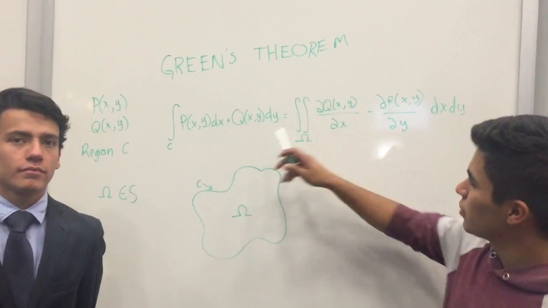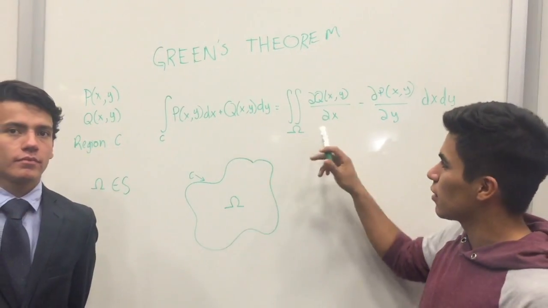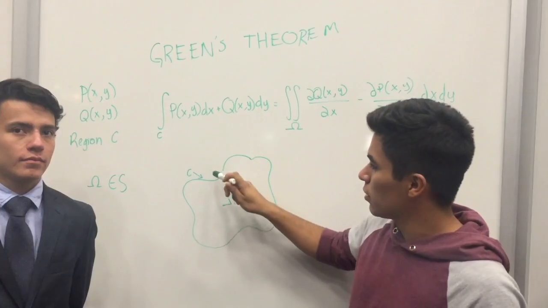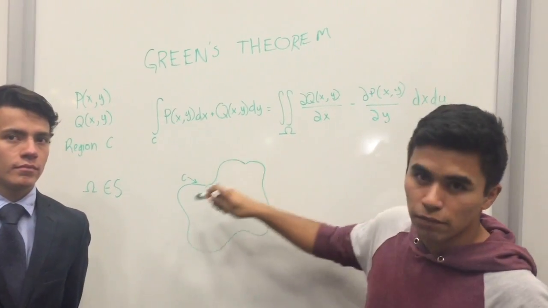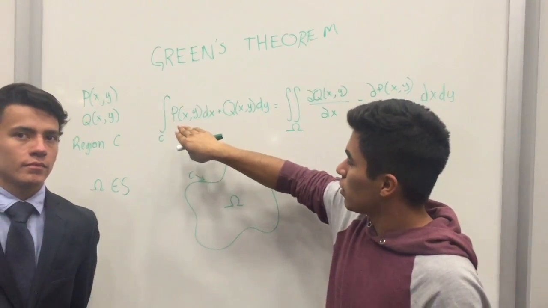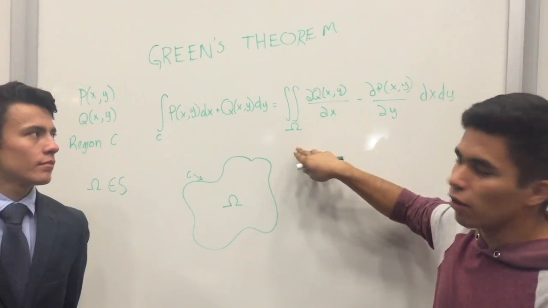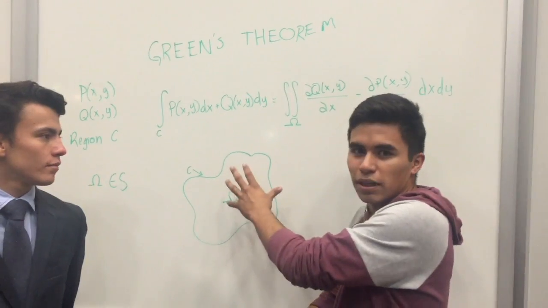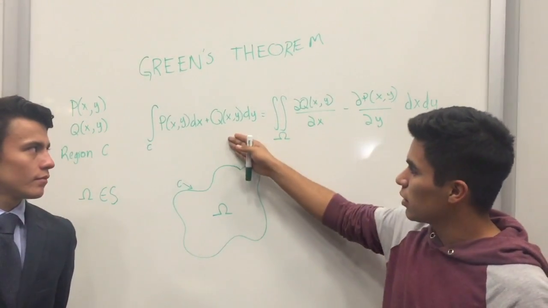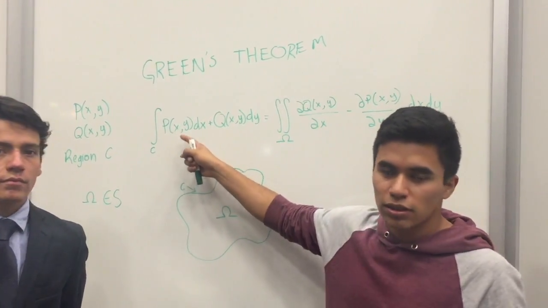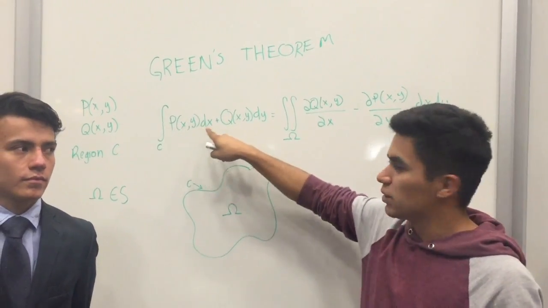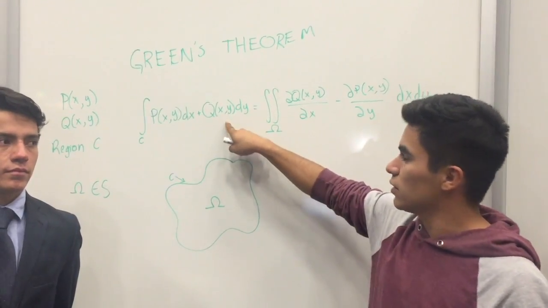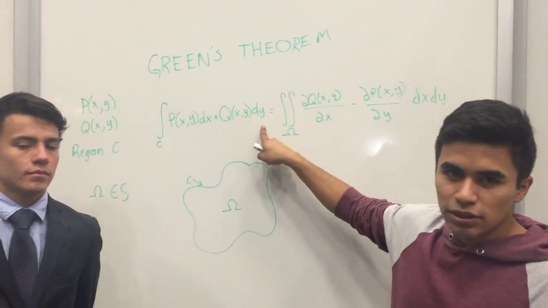Green's theorem uses these two integrals that at the end are the same. This one is the integral along the curve C, that is equal to the double integral over the region omega, that is the area enclosed by the curve. This one is an integral of P in terms of x and y times dx plus Q in terms of x and y times dy.